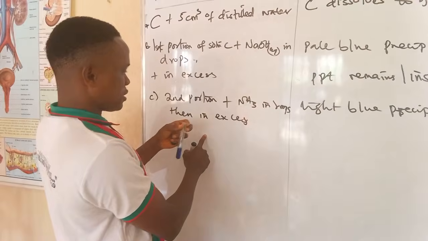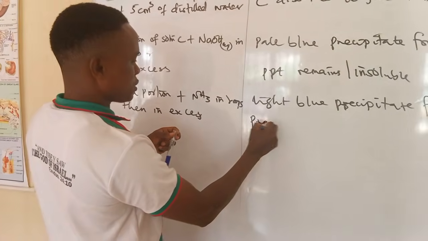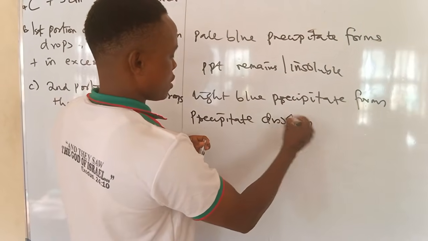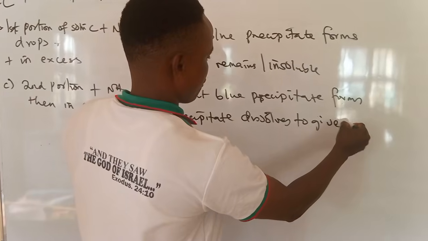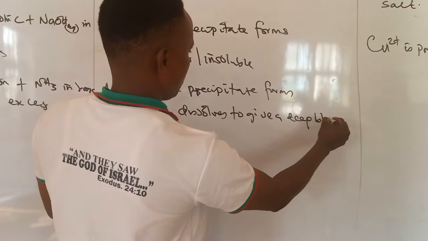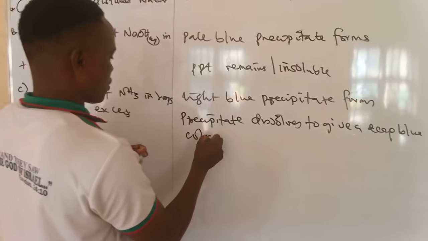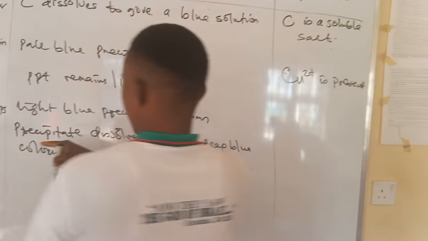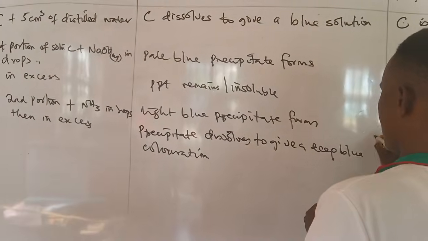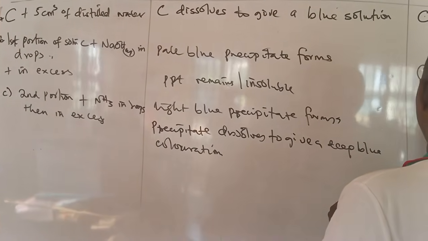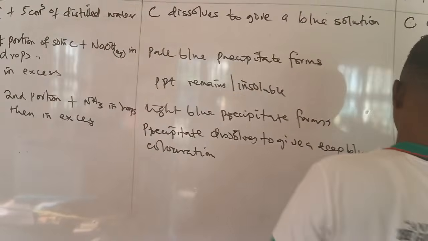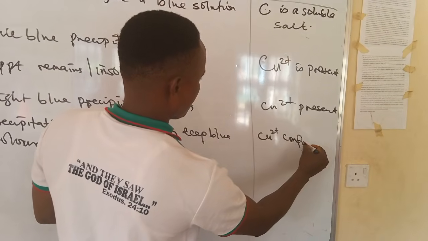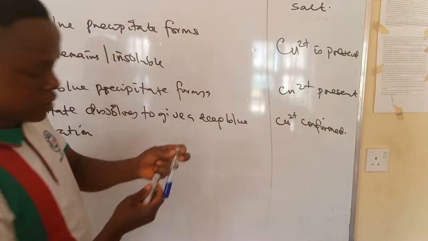Now, in excess, the precipitate dissolves to give a deep blue coloration. Okay? Now this is in excess, so here you have copper 2 ions present, and here you have copper 2 ion confirmed. Okay? Copper 2 ion.